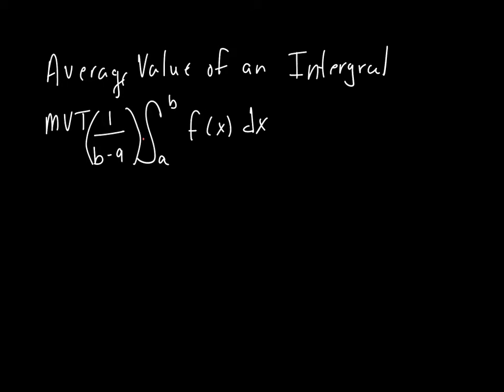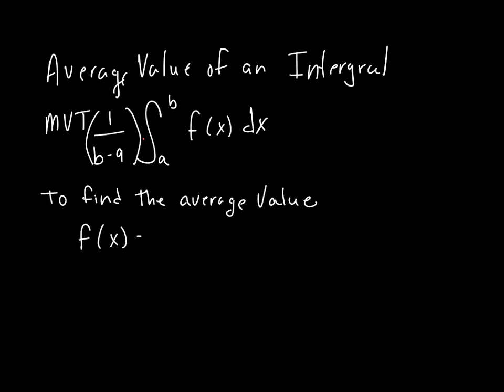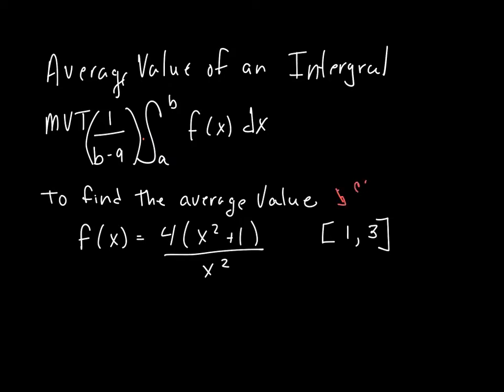So if I'm asking you to find the average value of f of x over the interval from 1 to 3, it's really important that this interval must always be closed.